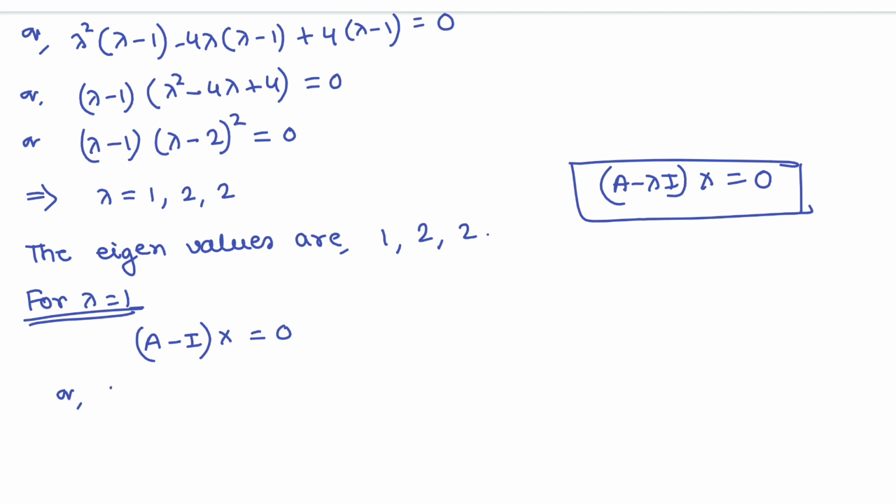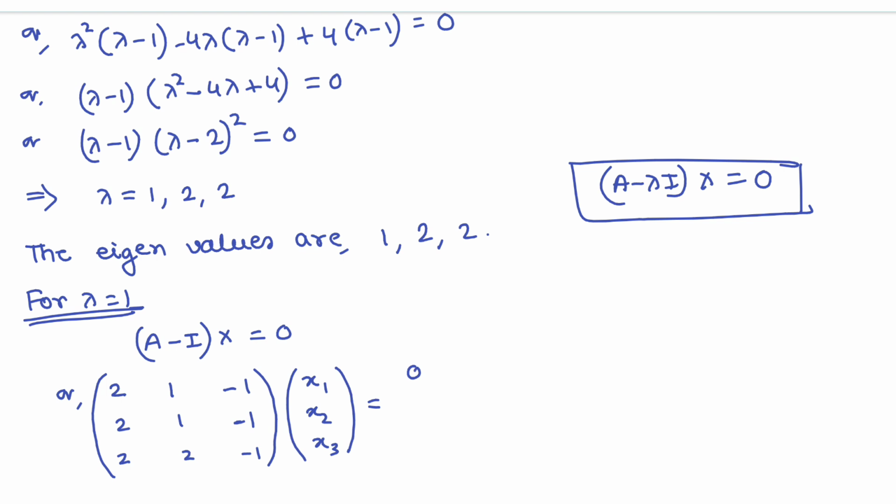So this will be 2, 1, minus 1; 2, 1, minus 1; 2, 2, minus 1, this is your A minus I, and let's say capital X equals x1, x2, x3, equals 0, 0, 0.